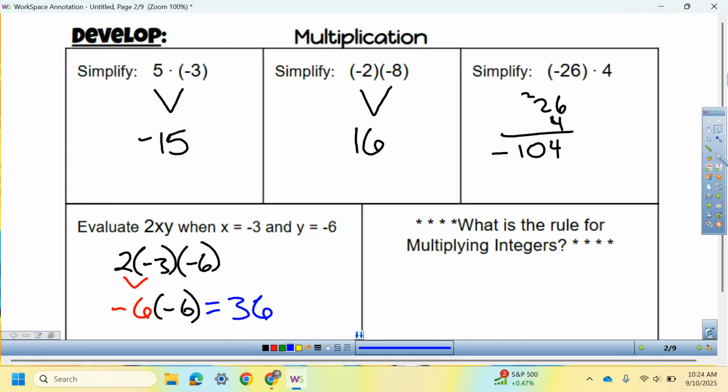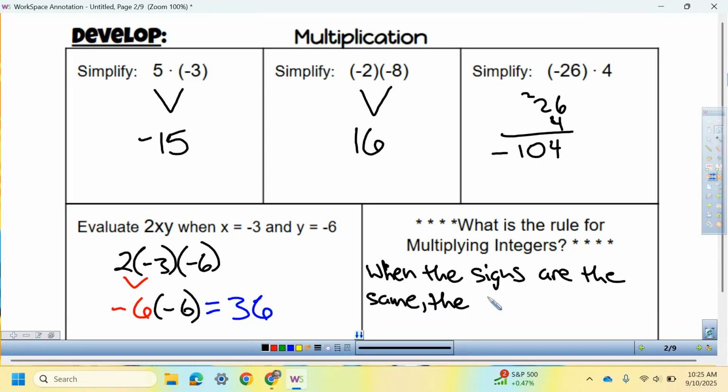So what are the rules for multiplying integers? When the signs are the same, the answer is always positive.